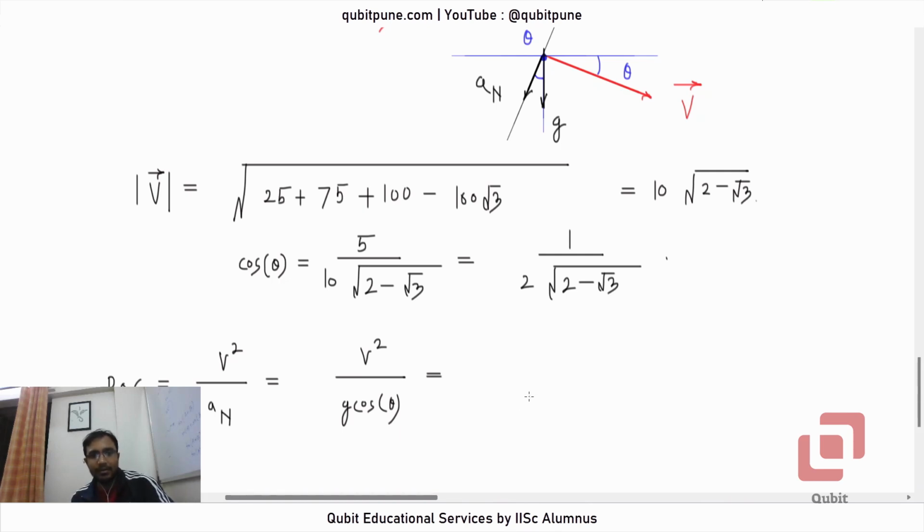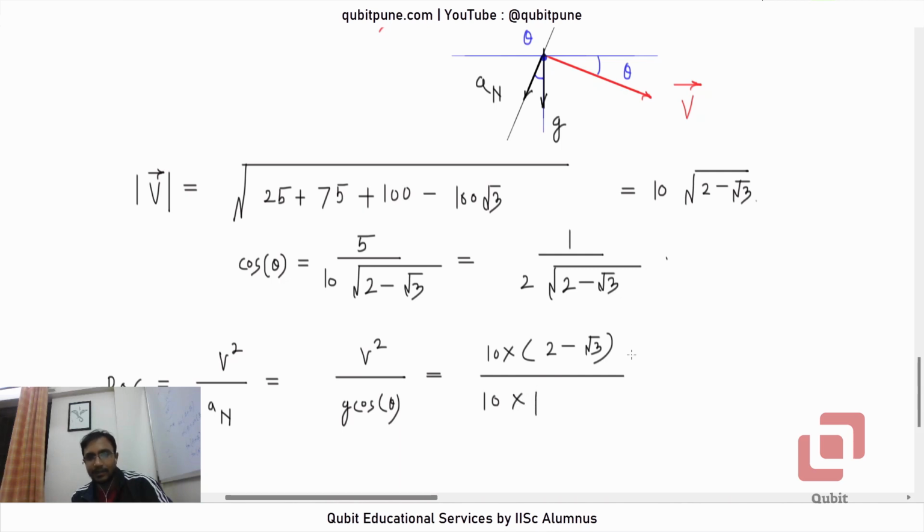So v squared is, oh wait, this should be 100 into 2 minus root 3, and g is 10. And cos theta is 1 upon 2 into root of 2 minus root 3.